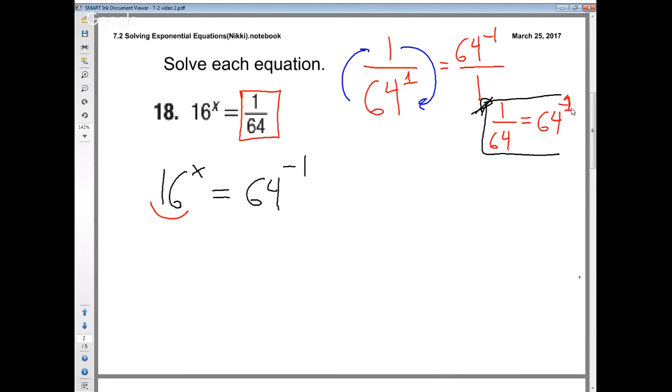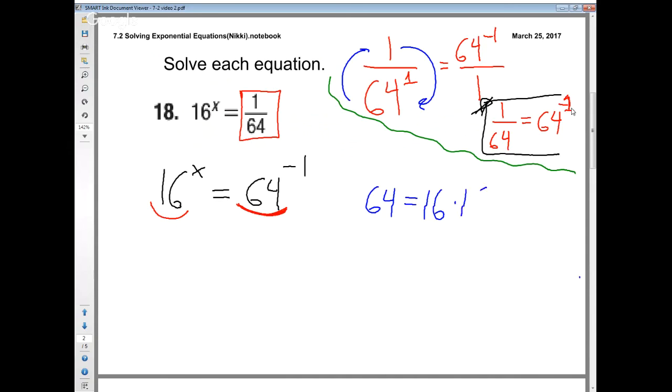Now we look at our bases. We see the bases are not the same. So let's start with the bigger base, and see if we can rewrite it in terms of the smaller base, which is 16. Give me a second, let me draw a little barrier to separate information. So let's look at 64 and try to rewrite it in terms of having a base of 16.